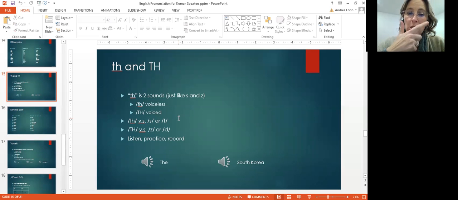Short, abrupt, sharp. Whereas the th is a fricative, it's a blowing sound. You'll feel air continuously on your hand with that sound. So you need to be doing two things differently. Place: tongue out, tongue in. And mode: blowing, blowing, blowing, or puffing, puffing, puffing.